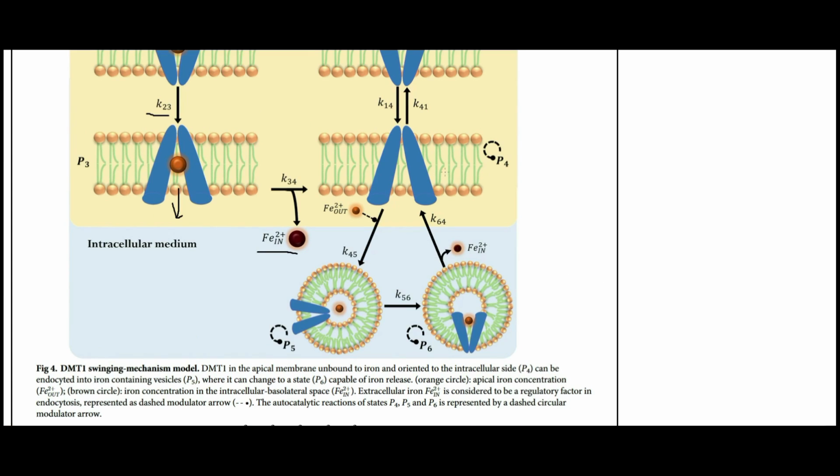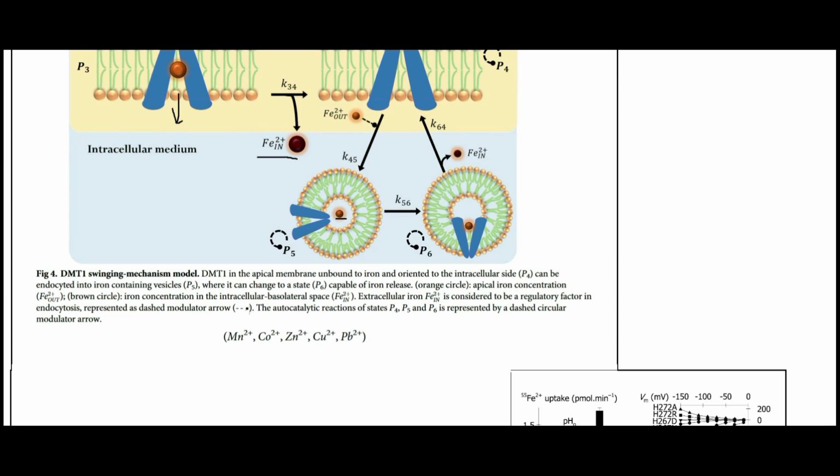And we have this going on here where we can cause this to pinch off and become a vesicle here. And so that can happen so that we can store iron in these vesicles and then release and take those up inside the cytoplasm.